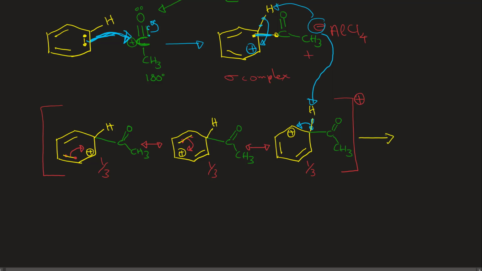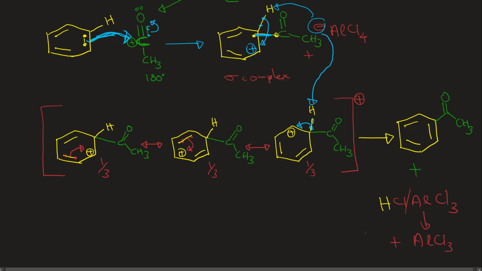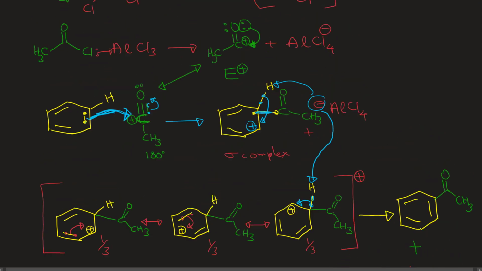Now you recreate the aromaticity within the benzene ring, and you have the acyl group sitting on it, and the hydrogen is gone as HCl. I can still show HCl and aluminum trichloride together, and you can separate them easily. That way you have the byproduct, and you have regenerated the catalyst aluminum chloride.